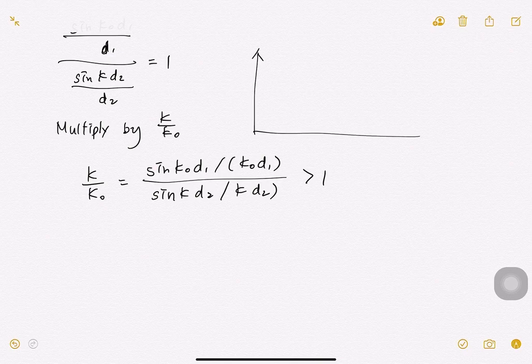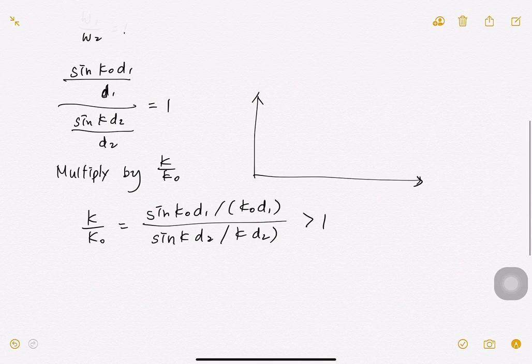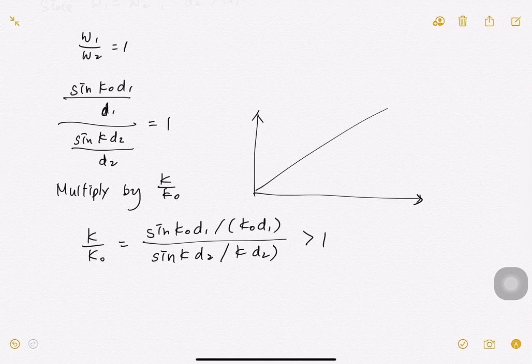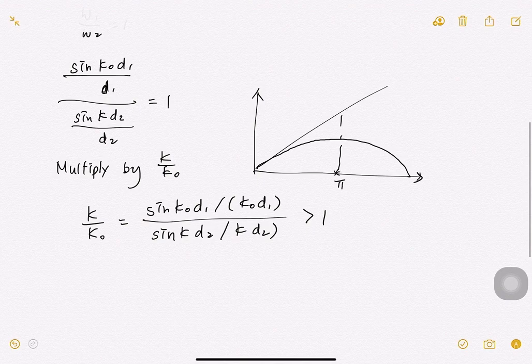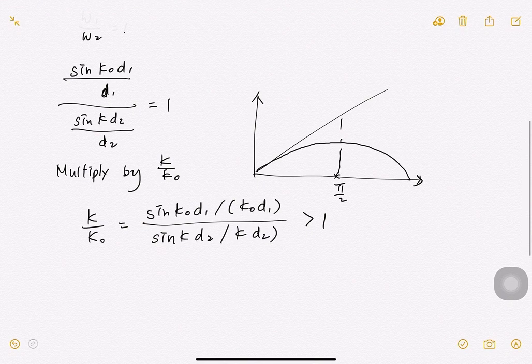Okay, so to draw a schematic diagram for this, sorry about my drawing. Okay, and then this is pi over 2. So we want to stay in this region because it's the physical mode region, and then we have the 2 kd. This is omega delta x over c.